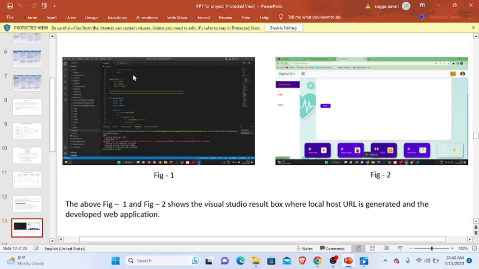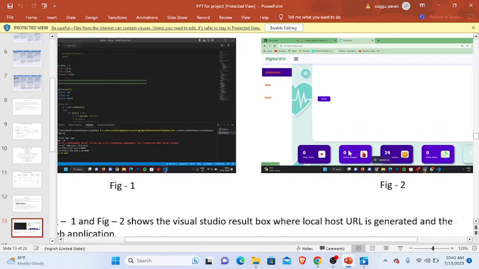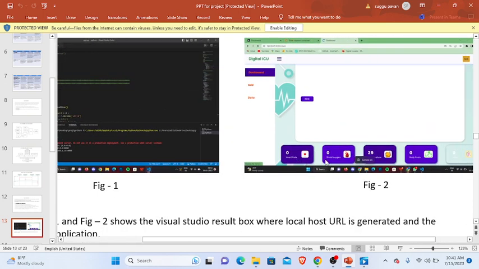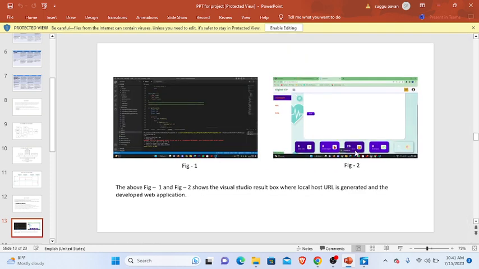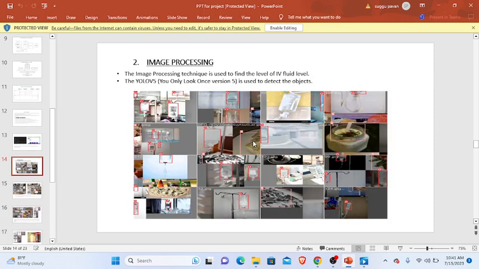We can store multiple patient details, and this is the dashboard. This is how the web page looks, and these are the heart rate, blood oxygen level, temperature and body resistance dashboards where the sensor values will be displayed.